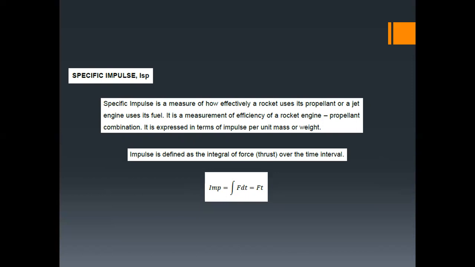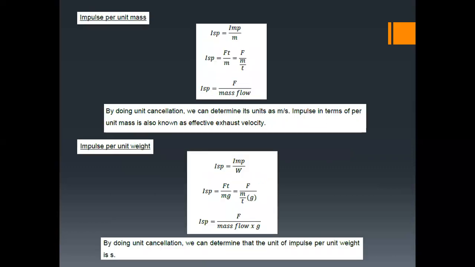Impulse is defined as the integral of force, thrust over time. So impulse per unit mass is specific impulse, which equals our impulse over our mass.